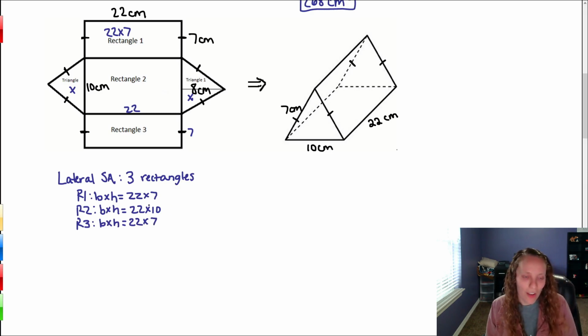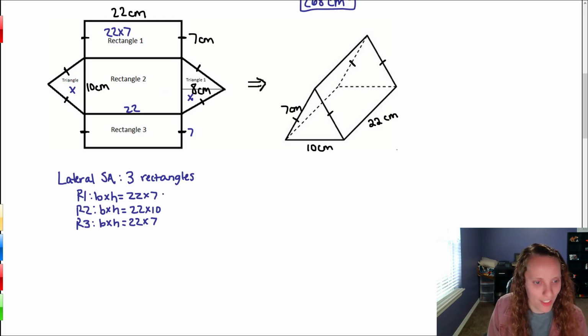Okay, so we're going to go ahead and find the area of each of the three rectangles and add them up to try to figure out what is the lateral surface area. So to solve rectangle 1 and 3, 22 times 7 is 154.